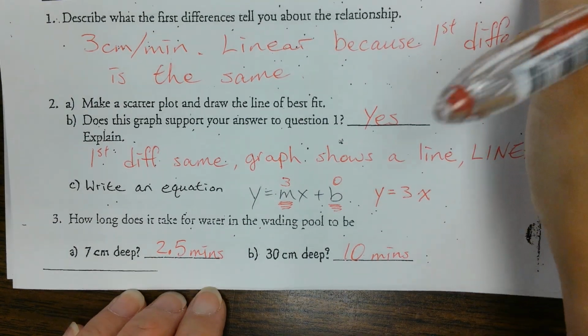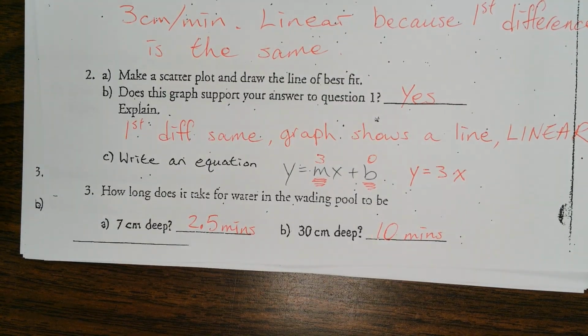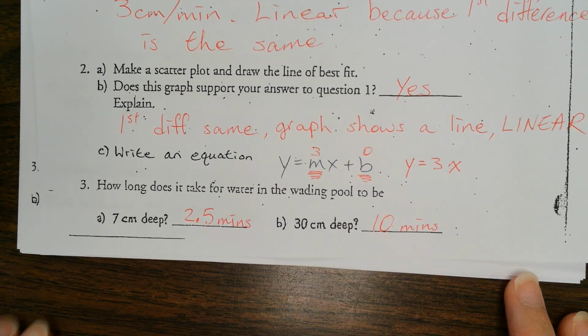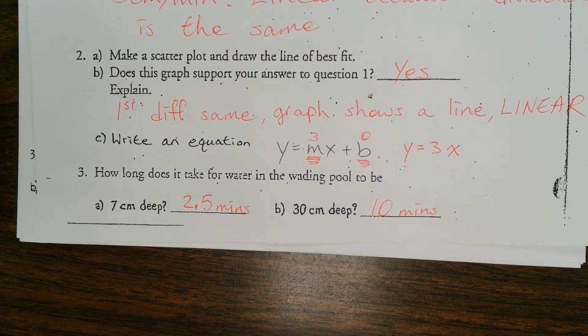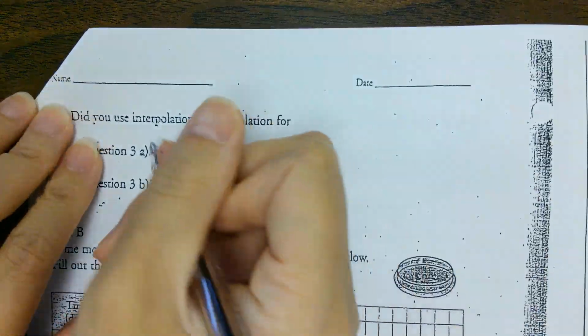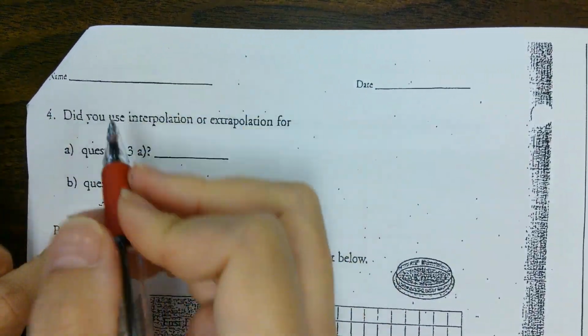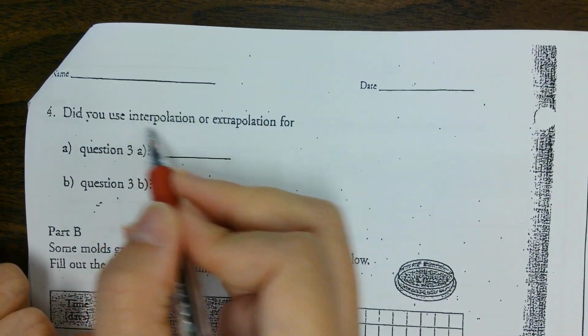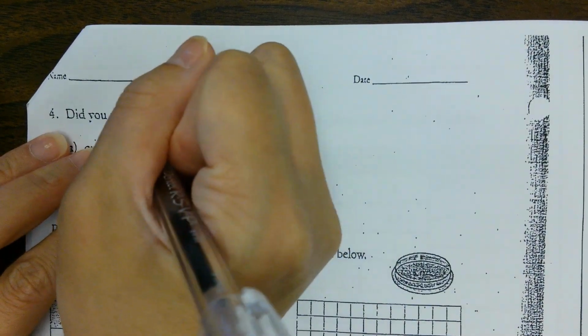Okay. Next part, it was asking about interpolation and extrapolation. So 2.5 minutes and 10 minutes. Some of you were asking about these two words. Interpolation. What's the word that you see within this word? Inter.